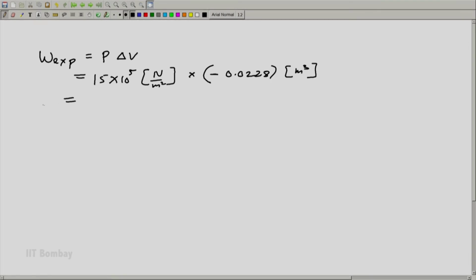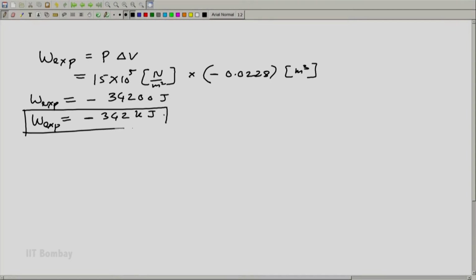From here what I get, W expansion is equal to minus 34200 joules, which is minus 34.2 kilojoules. So, this is the work done on the system because it has got a negative sign. So, W expansion is 34.2 kilojoules.